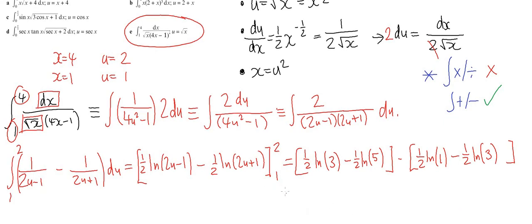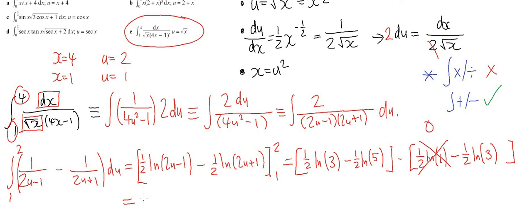Now that is equal to, well, the first thing I notice is this is the ln of 1, which we should hopefully all know is 0. So we can ignore that term.